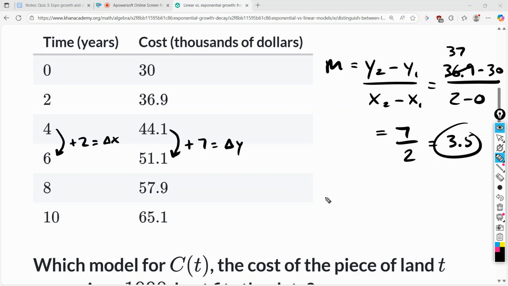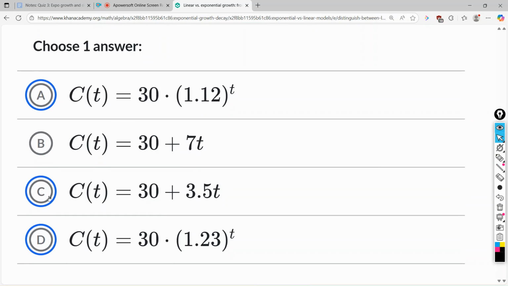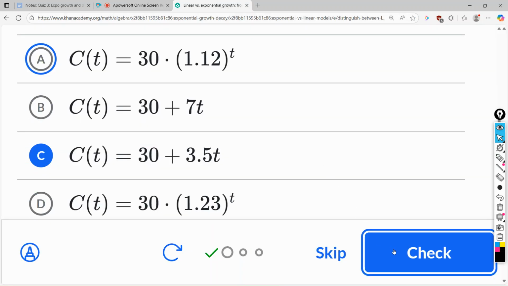And 7 divided by 2 is 3.5. So I really didn't have to do all of this. I just could have taken the 7 that I already had before and divided it by 2. All right, so that is clearly this one right here because of the slope of 3.5. Answer C.